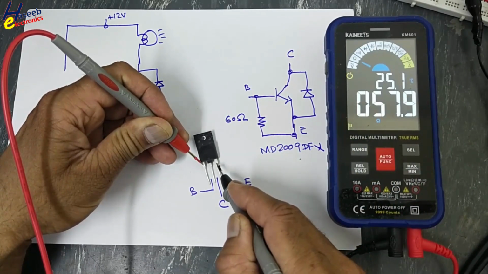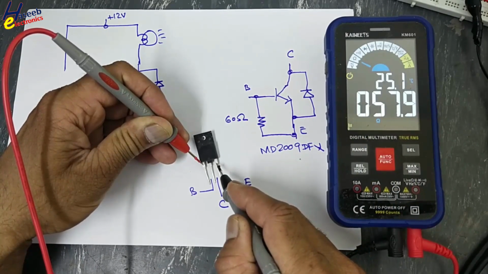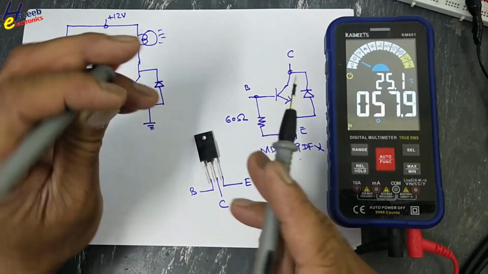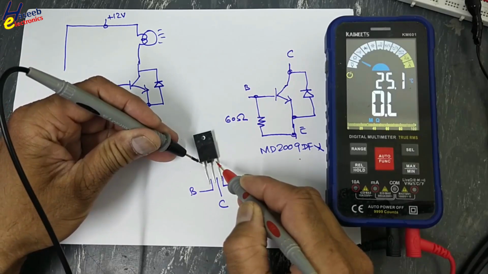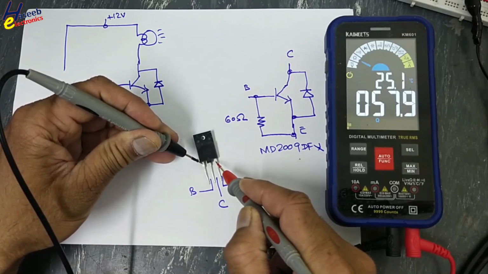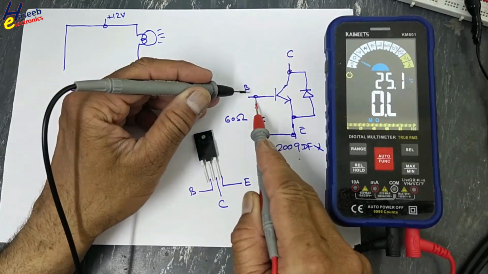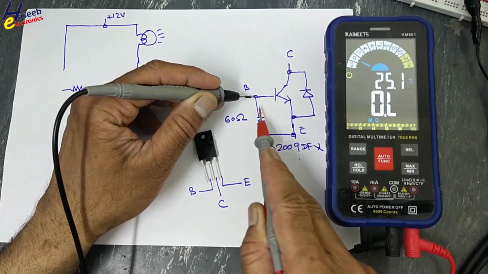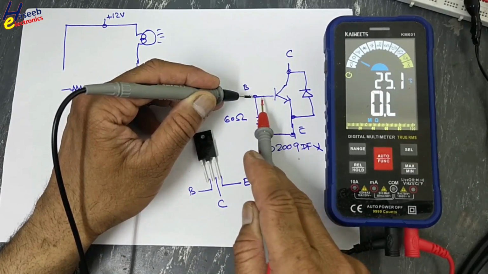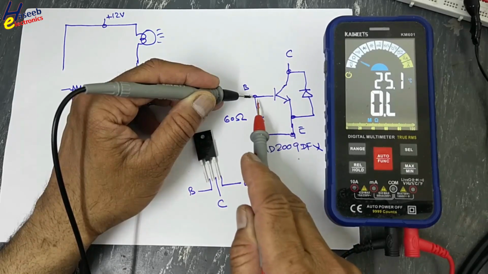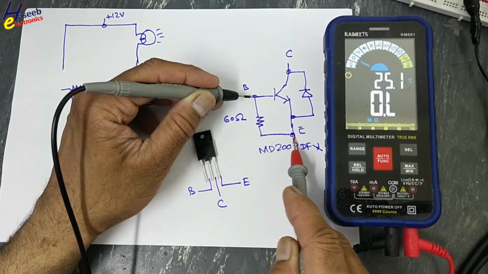Here it is showing 58 ohms. If I swap the leads, the same, because we are testing this resistor. We are trying to test this channel, but this resistor is in parallel.